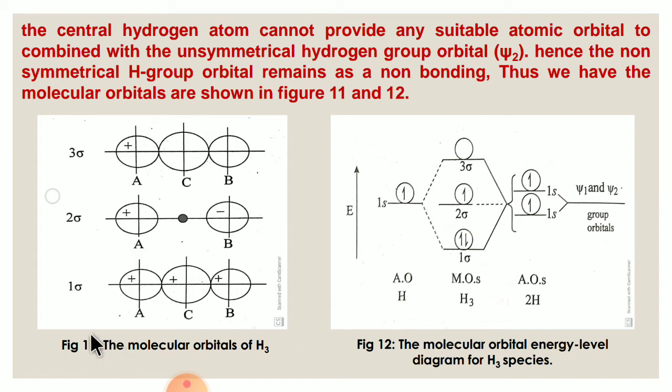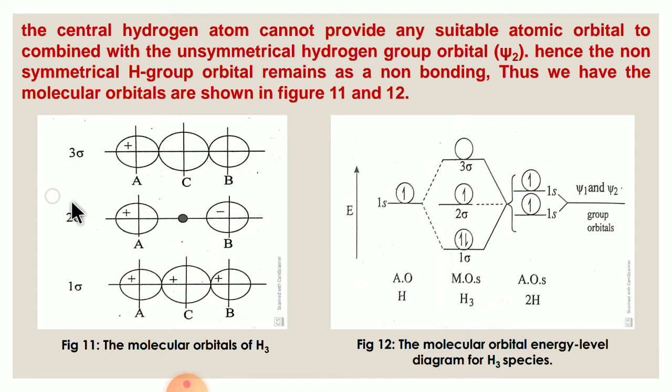Here, figure 11 shows that 3 molecular orbitals are formed, out of which one is bonding, which is formed by the addition of ligand group orbitals and the central HC, that means the 1s orbital of the central hydrogen atom, which is denoted by 1 sigma. Another is the antibonding molecular orbital, which is formed by the subtraction of ligand group orbitals and the 1s atomic orbital of central hydrogen, HC, which is denoted by 3 sigma.